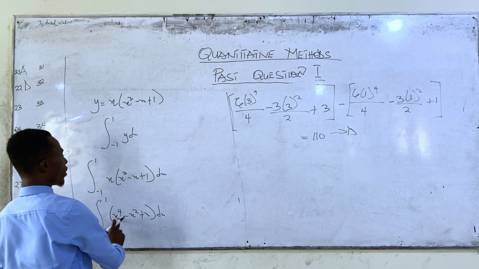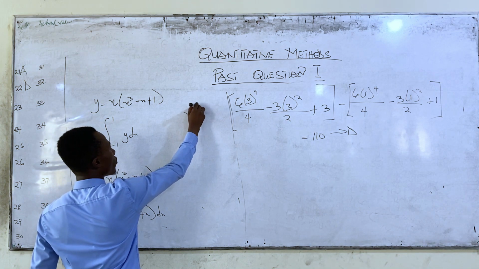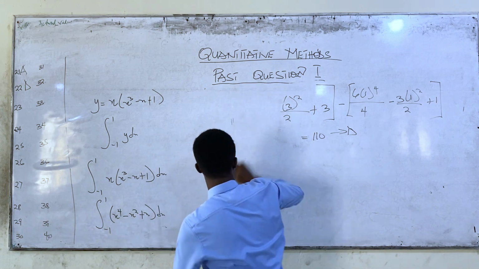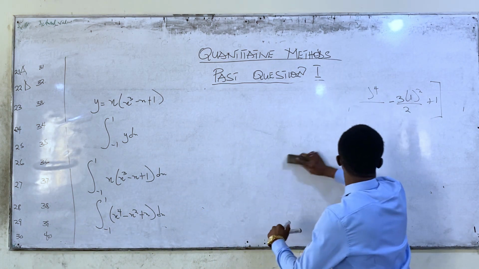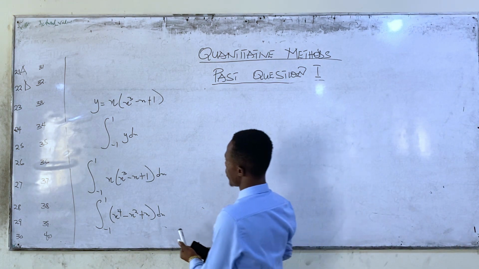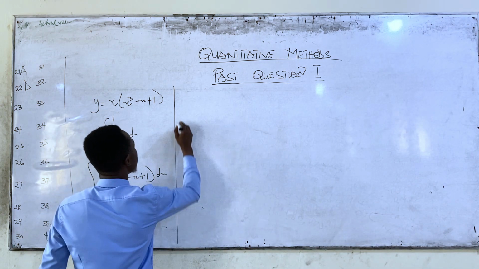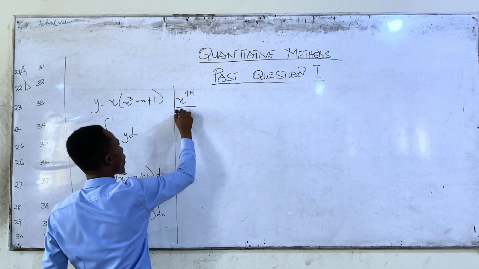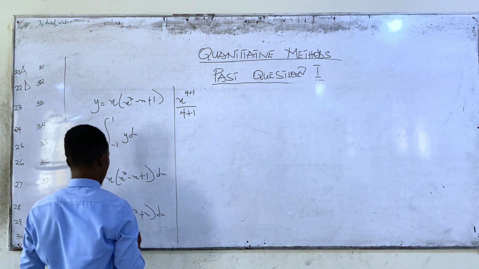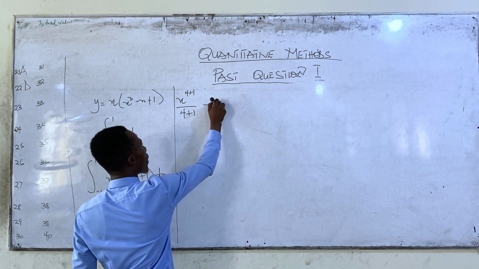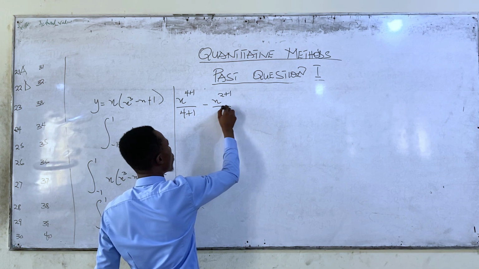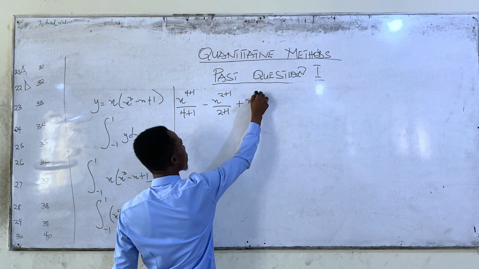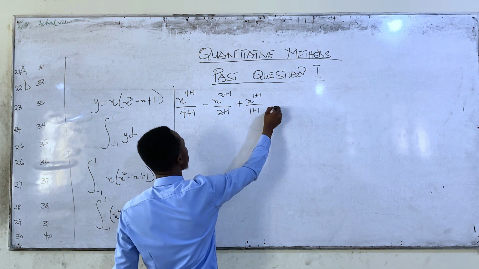When you integrate this, you are going to get x^(4+1) over 4+1, minus x^(2+1) over 2+1, plus x^(1+1) over 1+1.